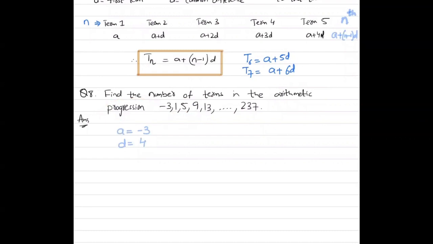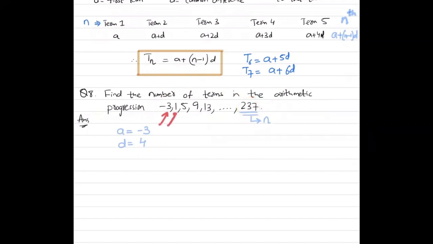Is it a finite sequence or an infinite sequence? Finite, because you already have the last term of the sequence. The last term occurs at the nth value. If I ask you to find how many terms there are, you need to know at what position this value is occurring.